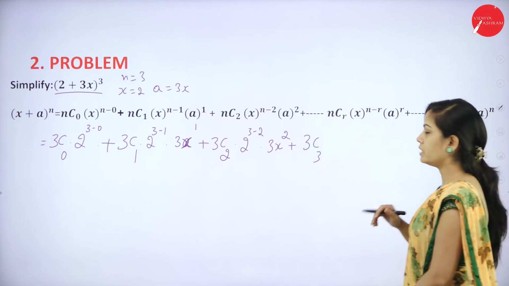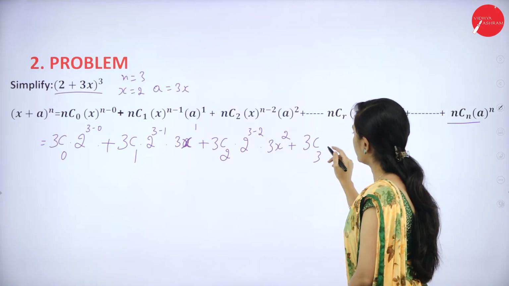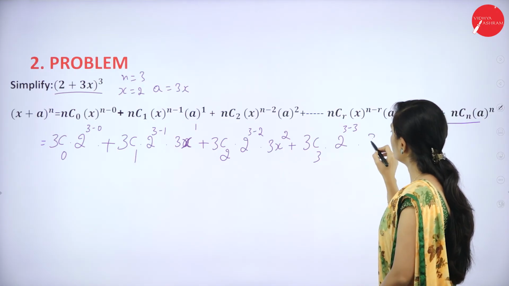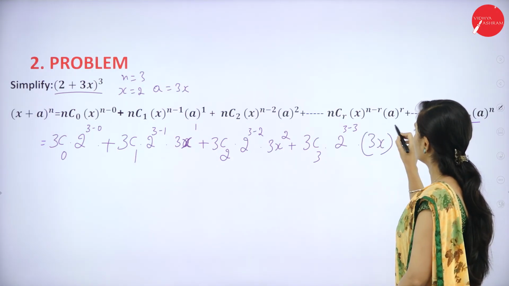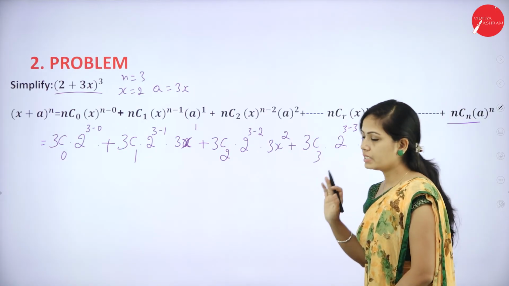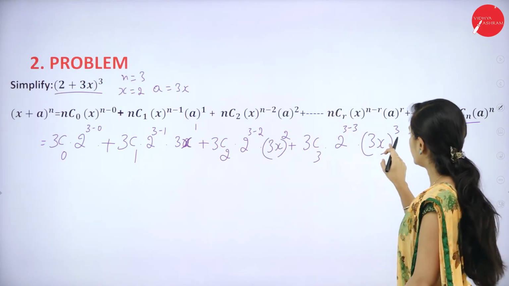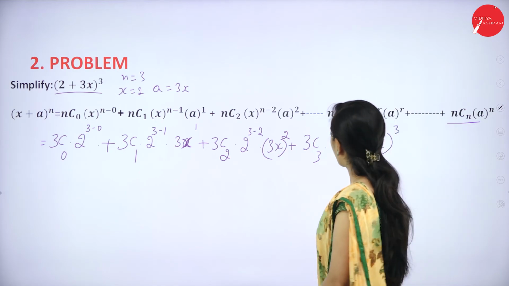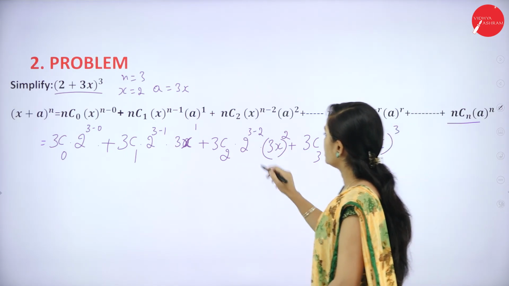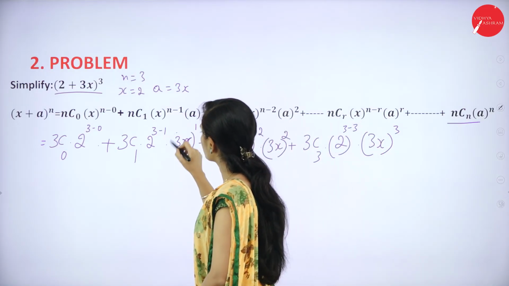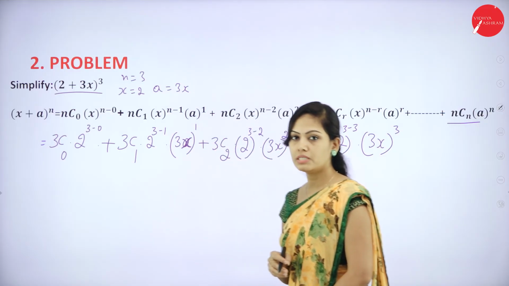You have to expand the expression: 3C3 into 2 power 3 minus 3 into (3x) power 3. So here understand this. This is (3x) whole power 2, (3x) whole power 3, and 2 whole power 3 minus 3, 2 whole power 3 minus 2, (3x) whole power 1 and (3x) whole power 0.